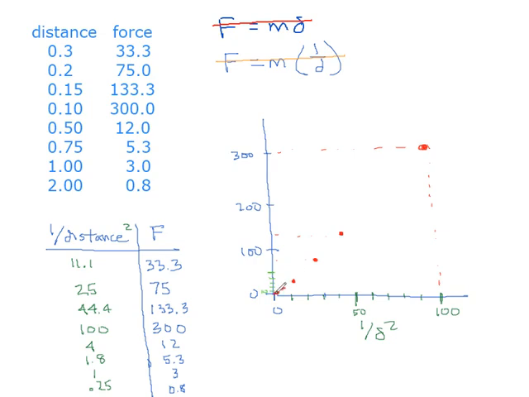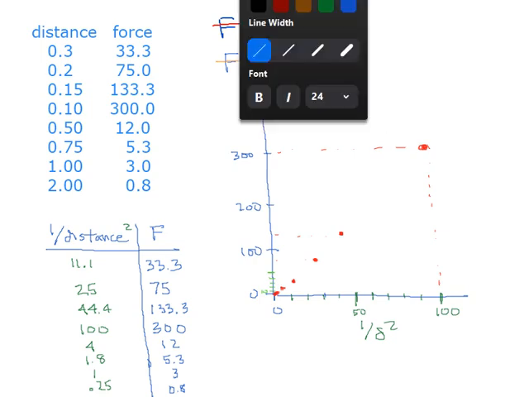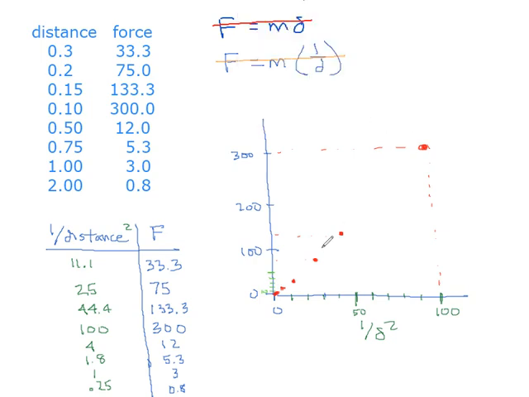All those are just going to be, I can't draw that precisely. They're all going to be in there. So, interesting. This looks an awful lot like a linearized graph. And if we're right about that, that means our formula is f is some slope that we don't know yet times 1 over d squared.